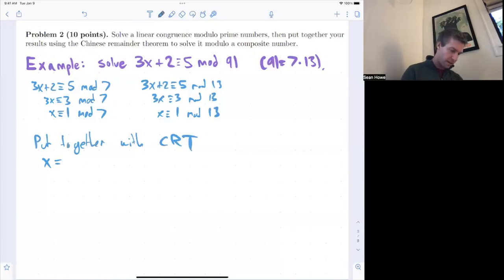The first thing we do is we do some multiple of 13. So 1 times something times 13. This is to get something that's 1 mod 7 and 0 mod 13. And the thing you put here is the inverse of 13 mod 7.